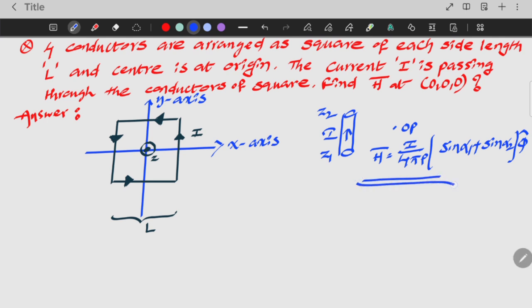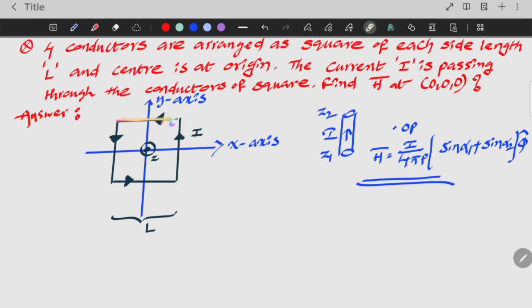But this formula is applicable to any one of the conductors, either this one or this one or this one, because if this is the conductor, the observation point is here, so it is in between the lower end and upper end of the conductor.